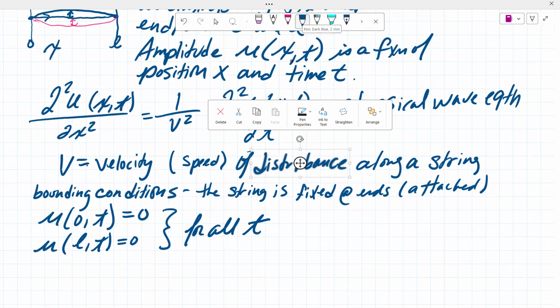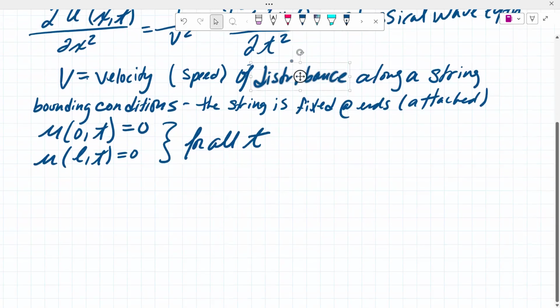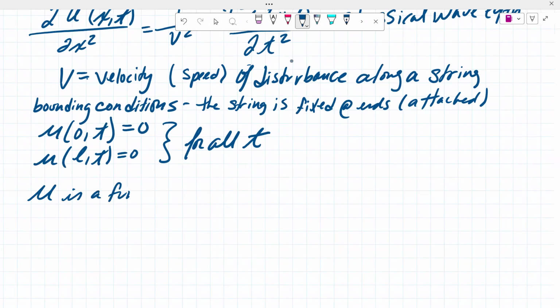So like we said, we're going to need to apply the principles of separability. So u is a function of both x and t.